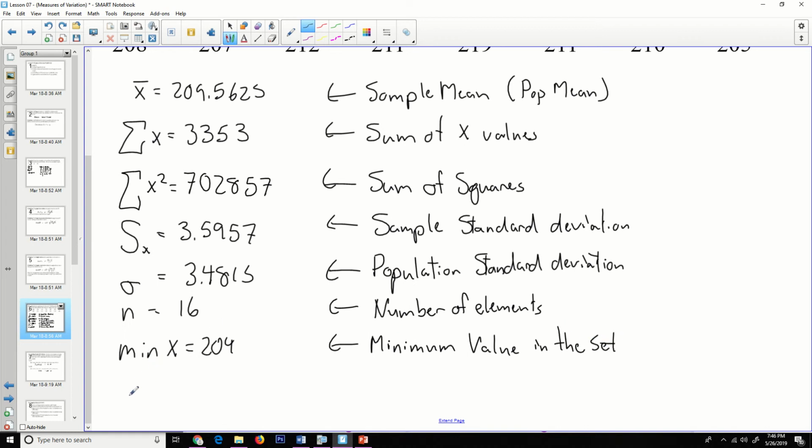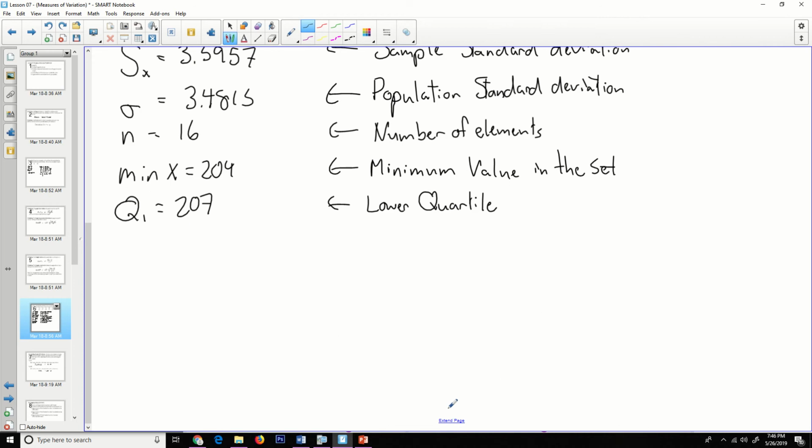And then the next one is Q1, and that turns out to be 207. Q1 is the lower quartile, and we'll be using that later on. And Med, the next thing, was 210, and that is our median.